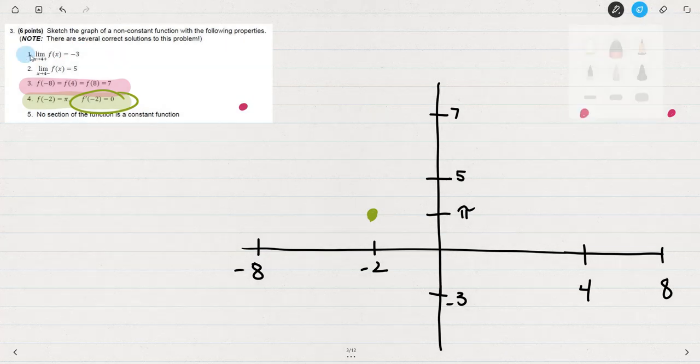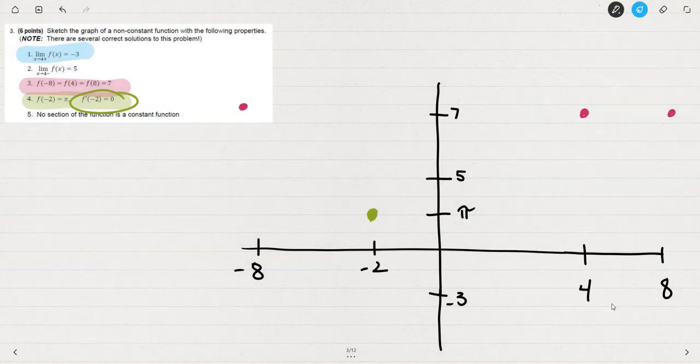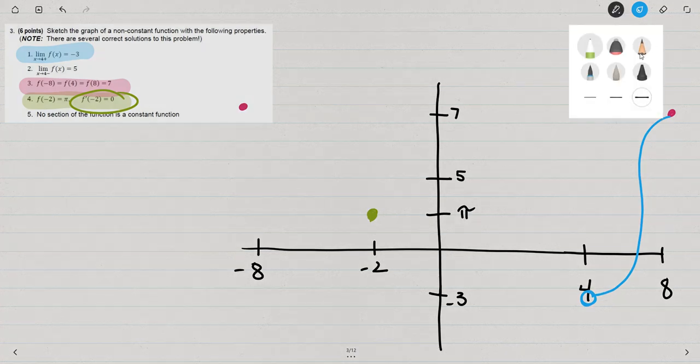We have the limit as x approaches 4 from the right is -3. So from the right, we'd be coming in over here from this point, it looks like. And as we're approaching from the right, the value of the function is -3.